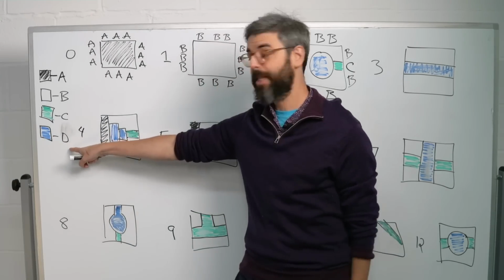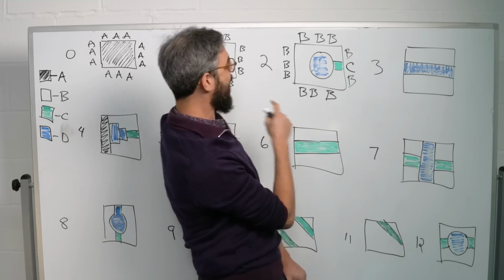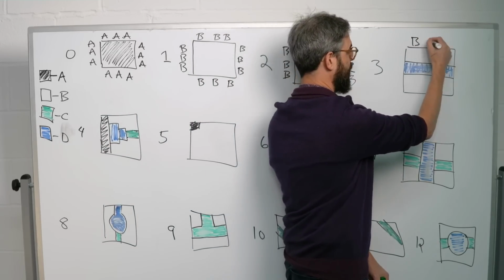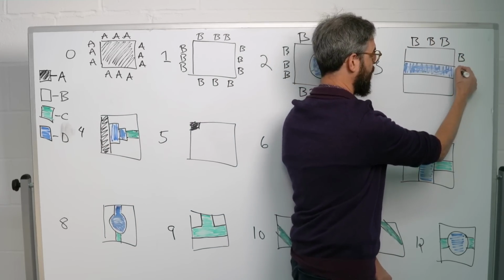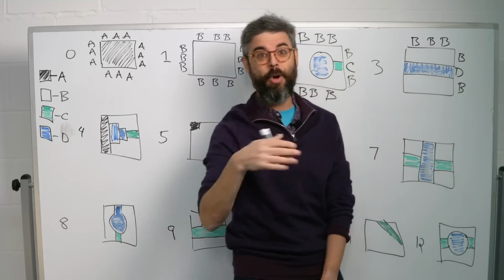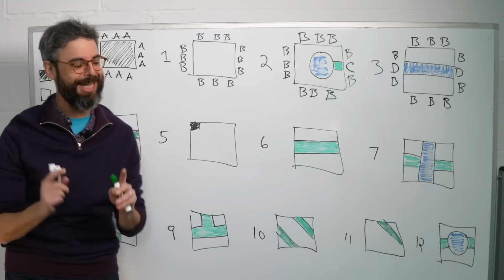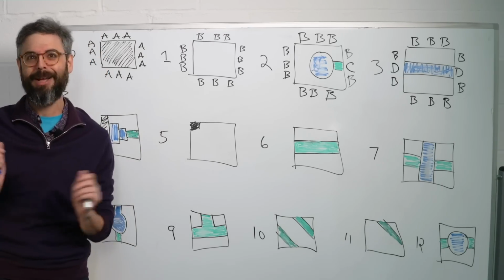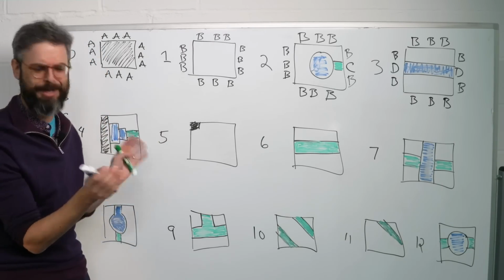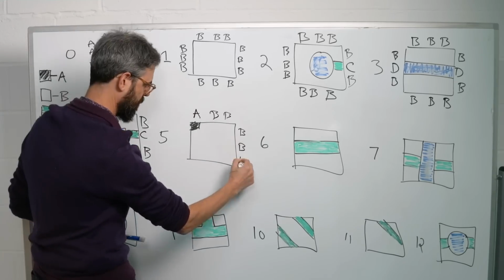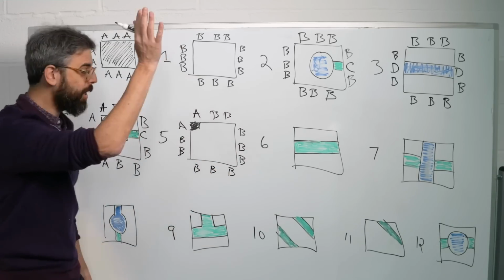We'll give that the letter D. So now I have B, B, B, B, D, B, and so on and so forth. Now we've got something pretty interesting, the asymmetrical tiles, but this system makes them really easy to notate. And I can go on and complete the rest.